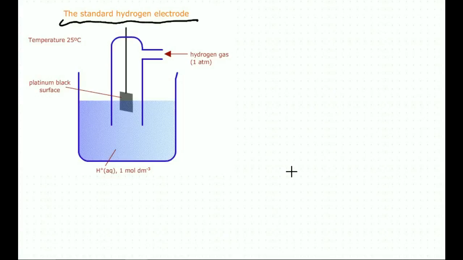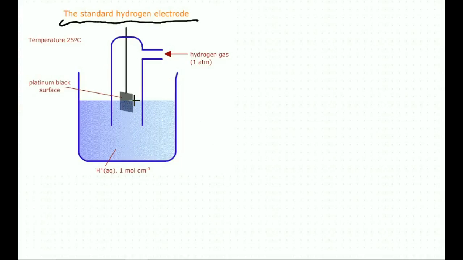The standard electrode potential is the electrode potential of a half cell minus the electrode potential of a standard hydrogen cell. It's a way to measure how easily a substance loses electrons. A half cell can either be a gas with a solution of its ions, as in this case with the hydrogen half cell, and this is platinum.